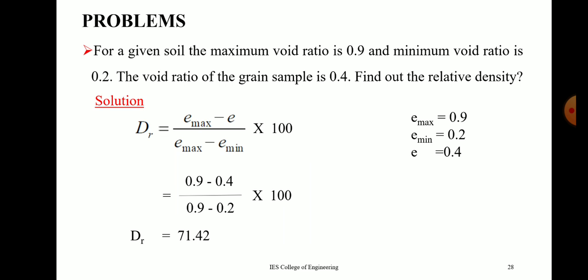We know the equation for relative density: Dr equals (e max minus e) divided by (e max minus e min) times 100. From the question we have the values of e max, e min and e, where e max equals 0.9, e min equals 0.2, and e equals 0.4. By substituting the values we get the relative density as 71.42.